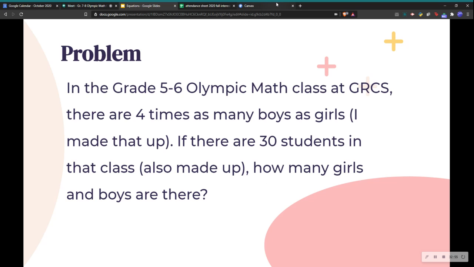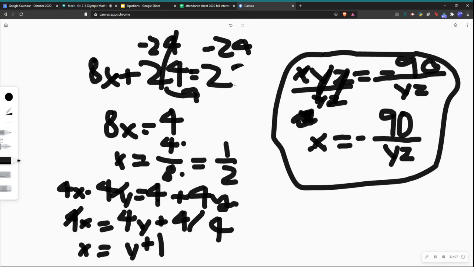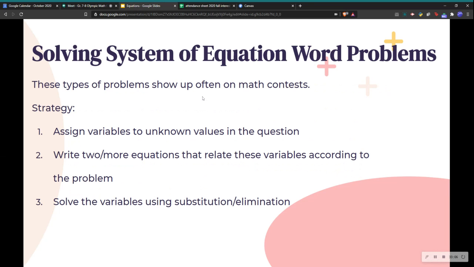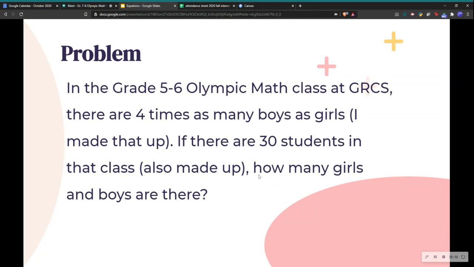Let's actually solve this together. Let me make a new template, new drawing. Our first step is to assign variables to the unknown values that we want to solve for. The unknown values are the number of girls and the number of boys in this Olympic math class.